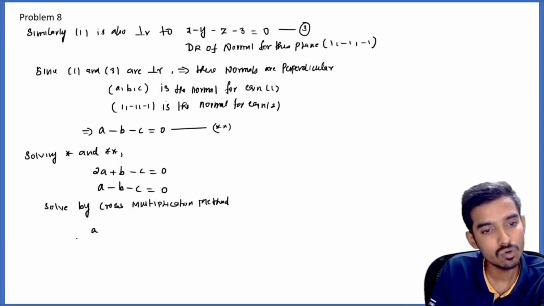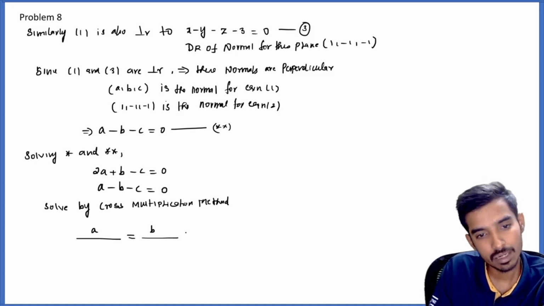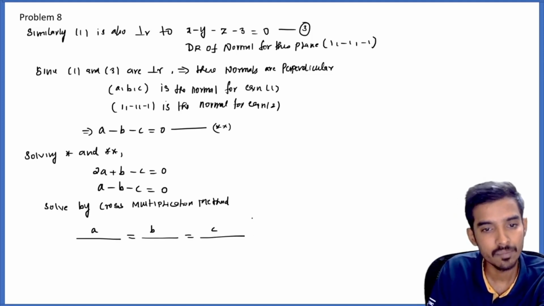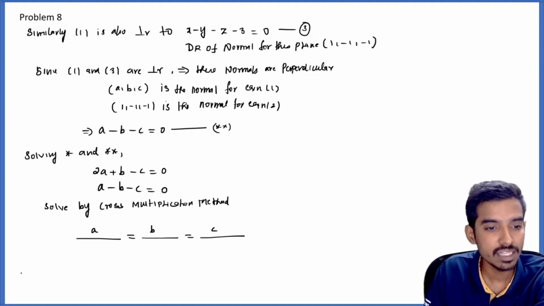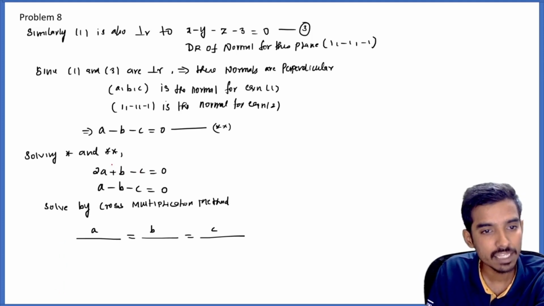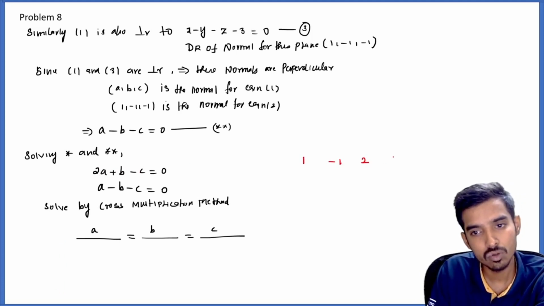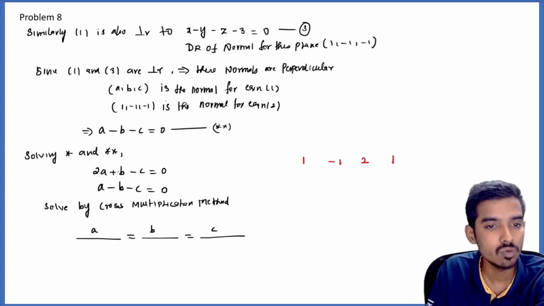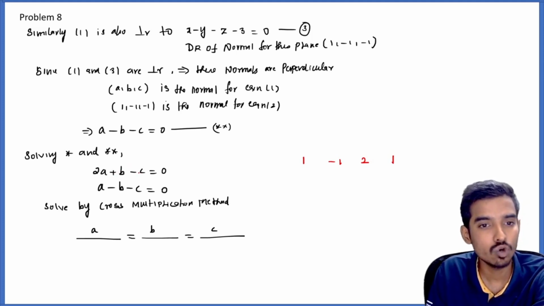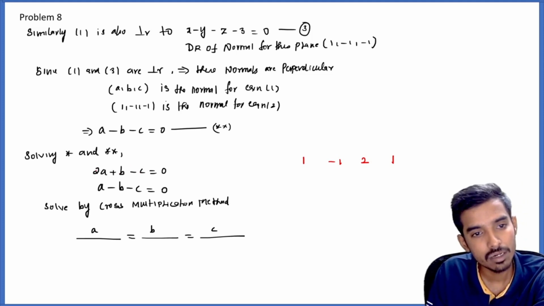So you just have to do a divided by, b divided by, c divided by. You just take the middle term coefficients, so start from the middle term: 1, minus 1, 2, 1.